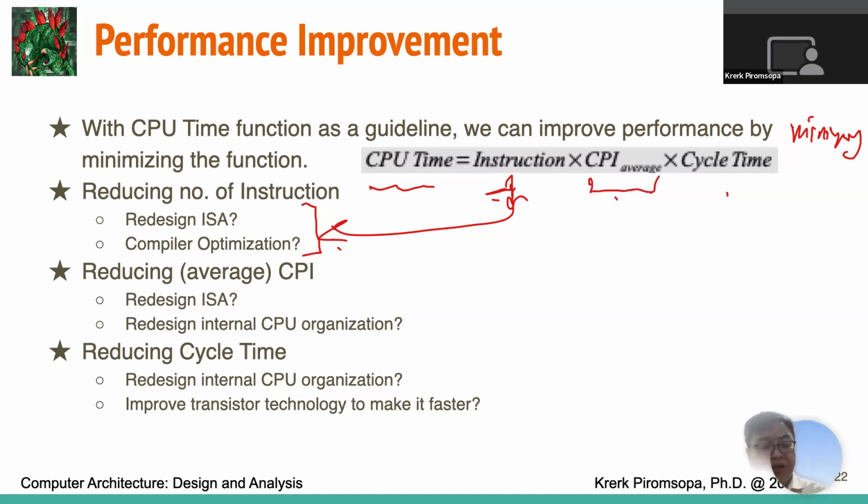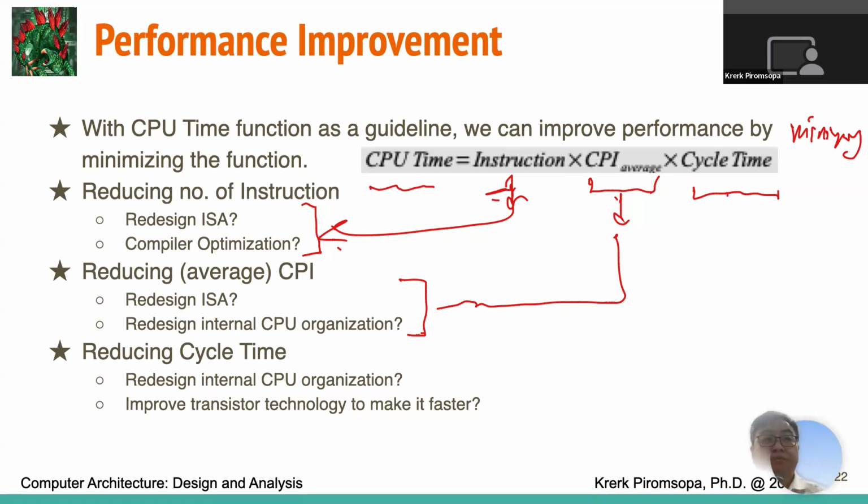How about CPI? If you want to make it smaller, how? Well, that depends on the designer of your processor. But this part is easy. You want to minimize the cycle time.